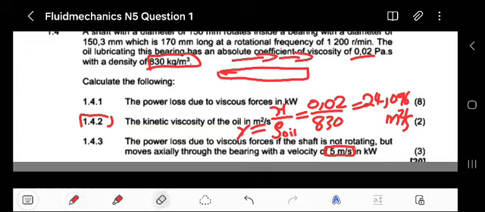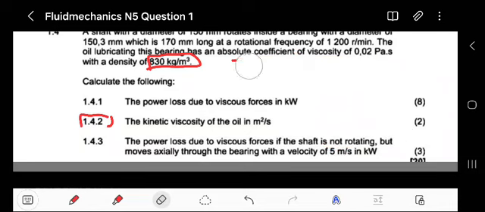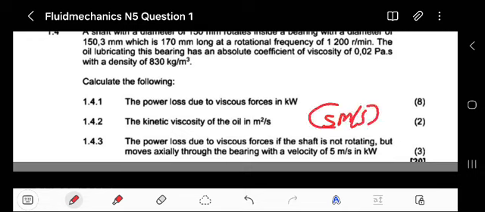So calculate the power loss. Now talking about the power loss, we want the power loss if we have this velocity now. They've given us the velocity of 5 meters per second, and we want the answer in kilowatts.